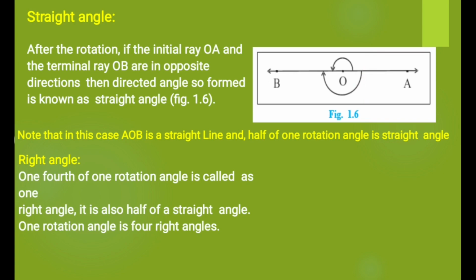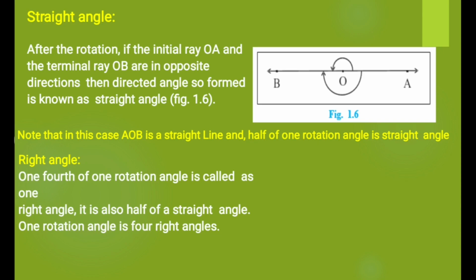That you see in the quadrant system. When you plot the graph, you can see in the first quadrant we write 0 to 90, in the second quadrant 90 to 180, in the third quadrant 180 to 270, and in the fourth quadrant 270 to 360. That depends on clockwise or anti-clockwise.